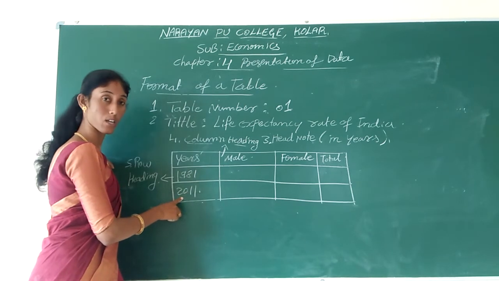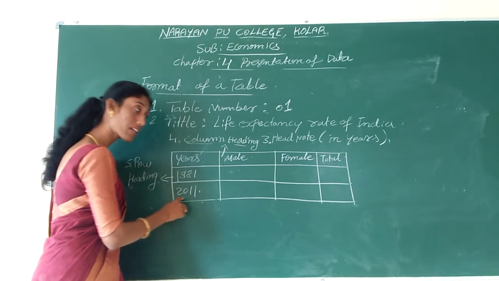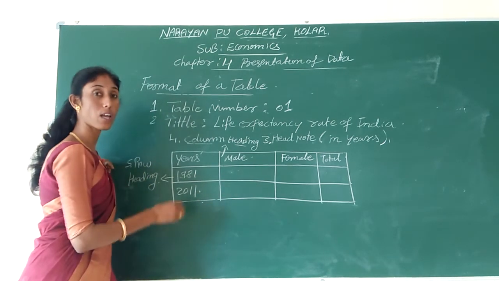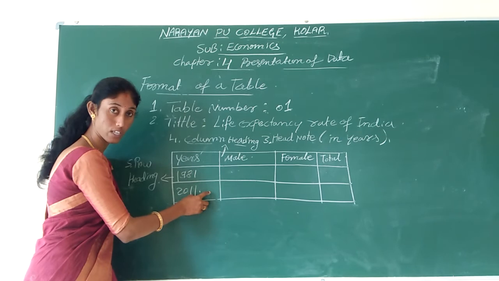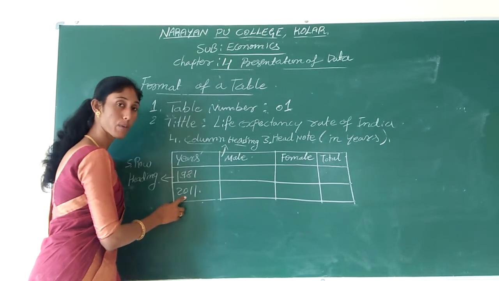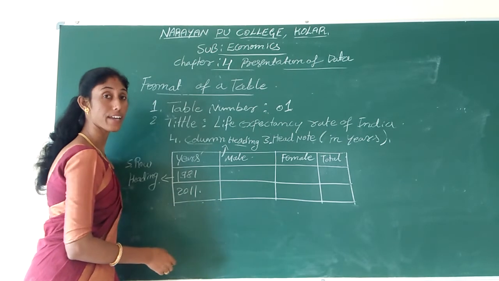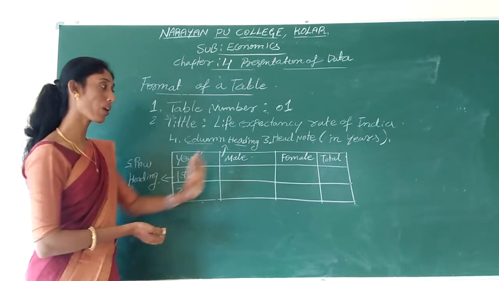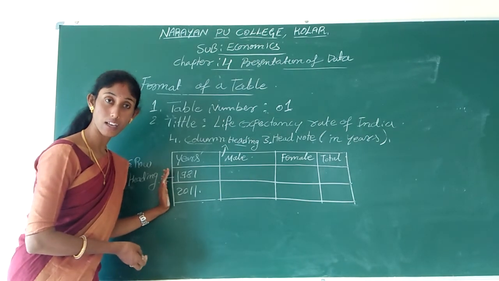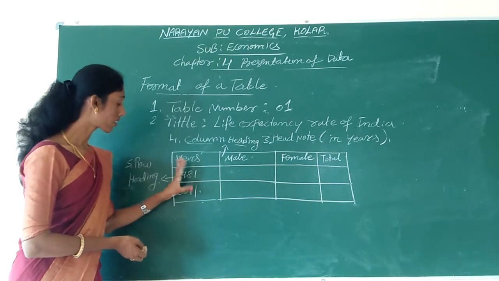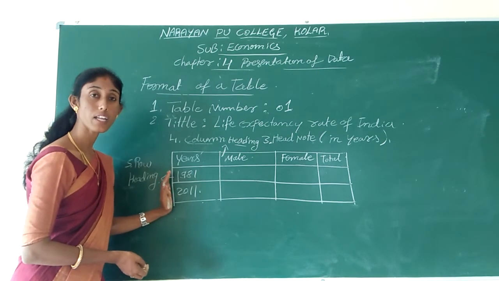If we have given the row heading as 2011, then this entire row will represent the values or the information relating to 2011 only. Likewise, row headings will represent the nature of the entire row, and always the row headings are at the extreme left part of a table. I have already said, right? The row headings will be at the extreme left part of a table.